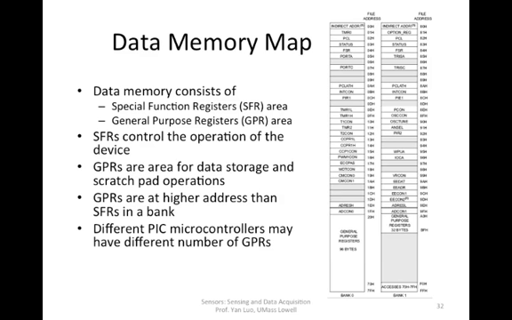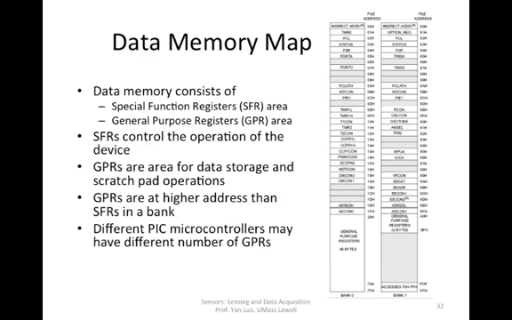Again, this is a data memory map where you can see this data memory consists of special function registers and general purpose registers. Special function registers, or SFRs, are used to control the operation of the device.